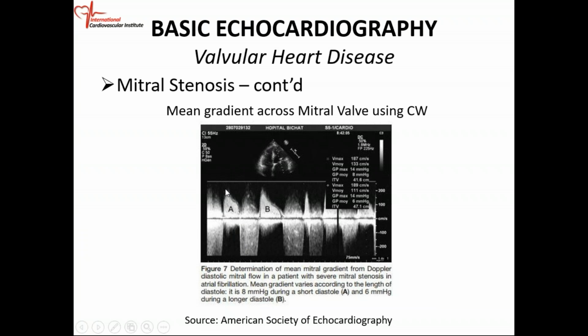So this is your mitral inflow, this is another mitral inflow, and then you get another mitral inflow. So in atrial fibrillation, they're going to look different. That is why you need to get at least five cycles and do it. Okay.